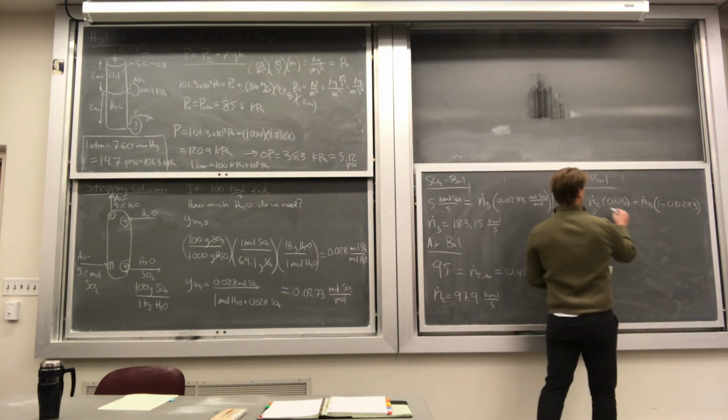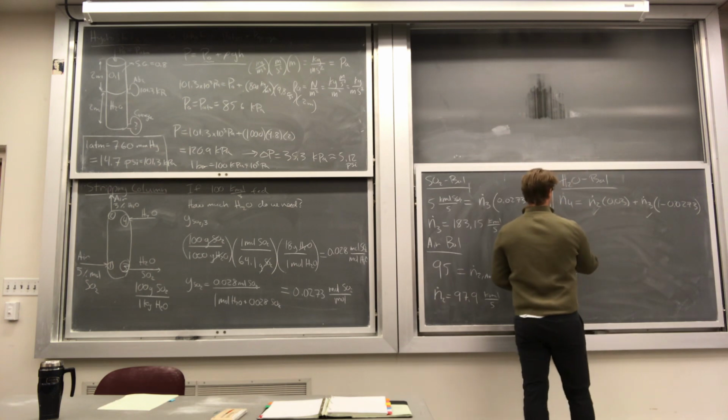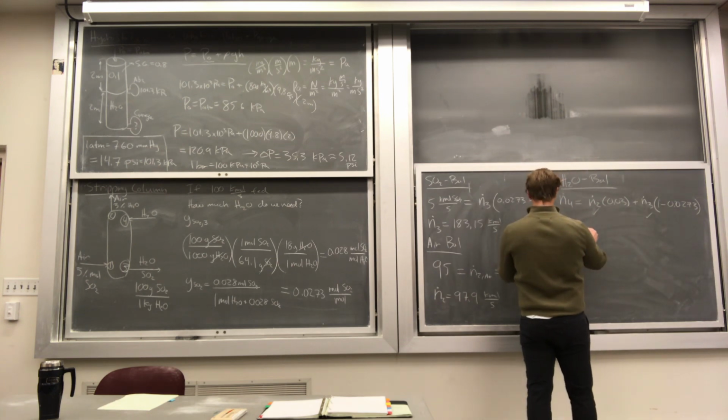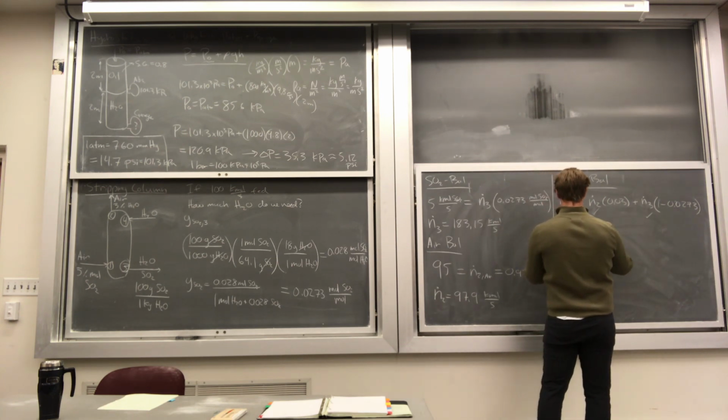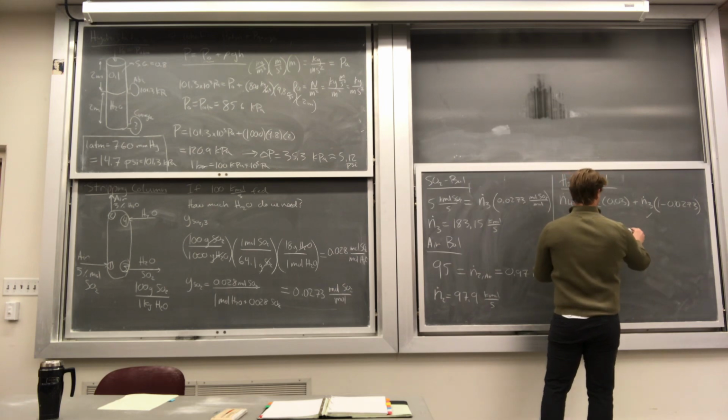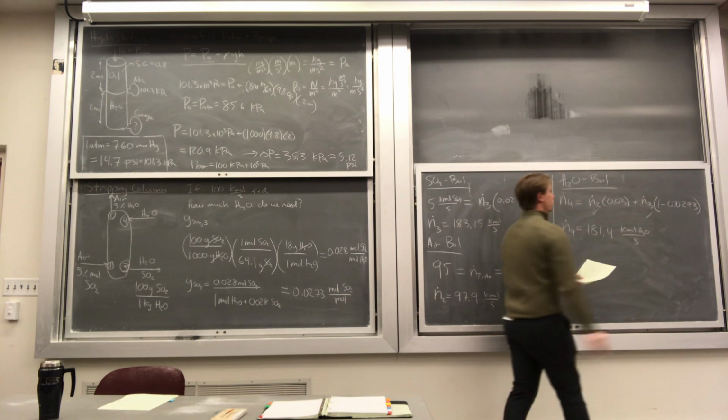We've already solved for this, and we can get the necessary flow rate of water, which is 181.1 kilomoles of water per second, right?